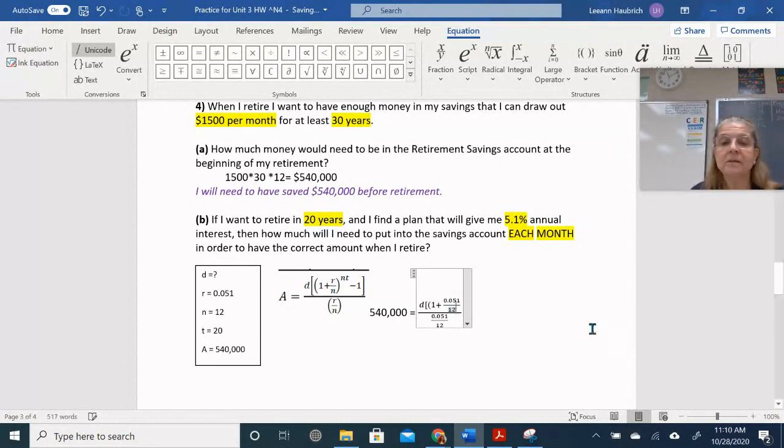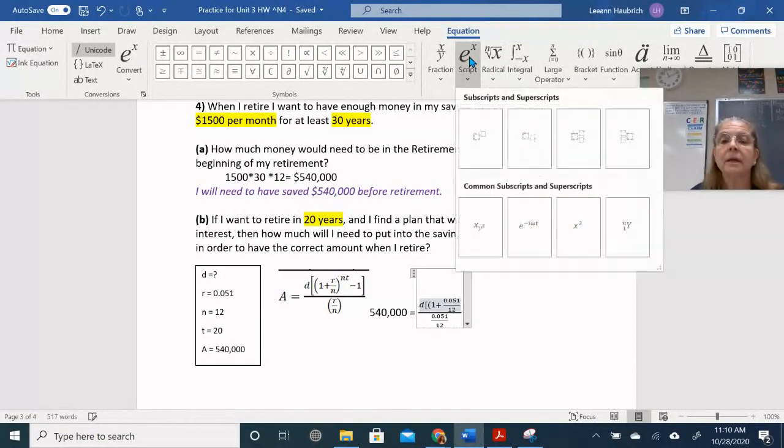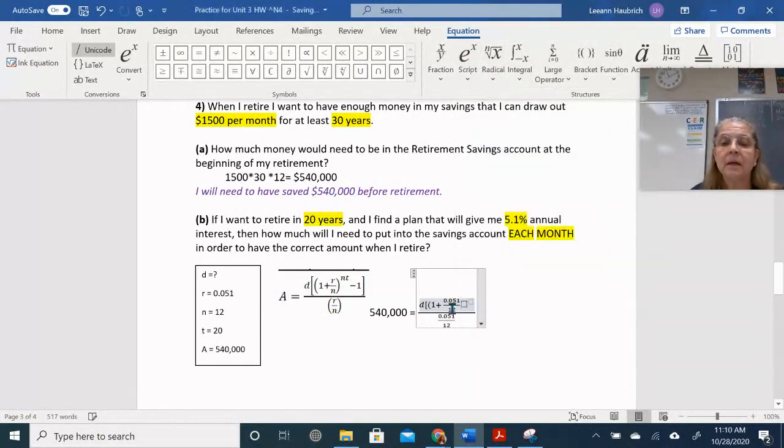I got to get outside of this, and I'm going to need an exponent. So I need to stay on the top. Whoops. There it is on the top. And I'm going to need to close off the parentheses. And my exponent is going to be n times t. So it's going to be 12 times 20 years.